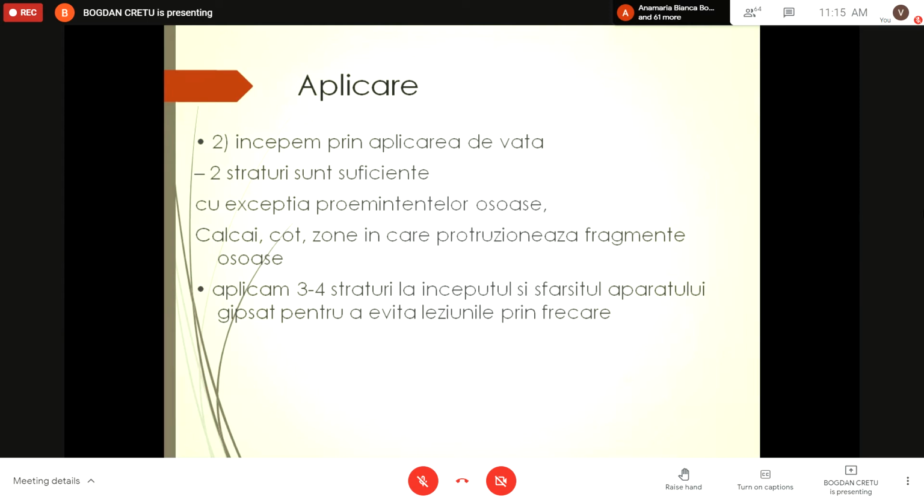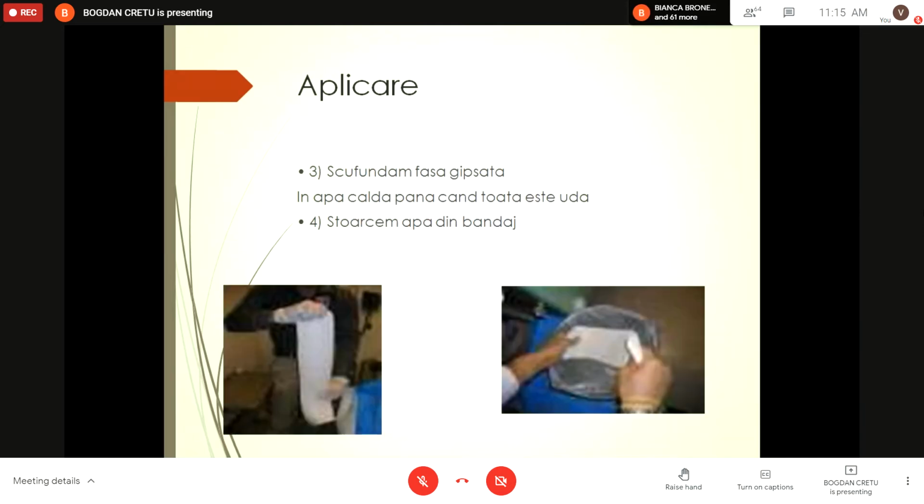We have to apply first the cotton bandages. As I told you earlier, 2 layers are more than sufficient, but 3 to 4 layers at bony prominences. After that, we put the Gibson bandage in water, in warm water, not in hot water. We get water out from the bandage.